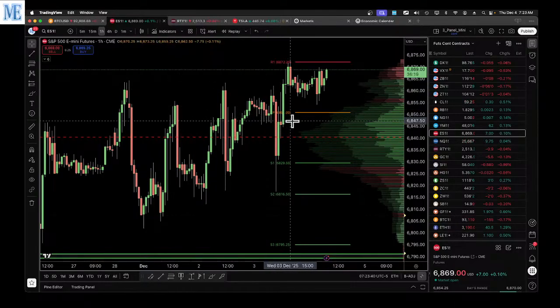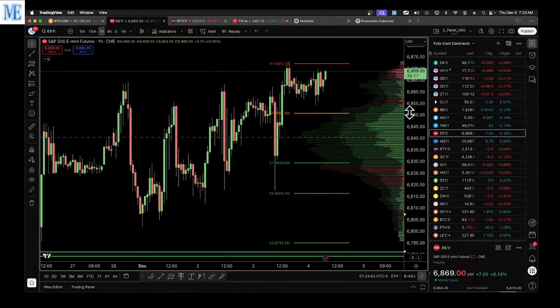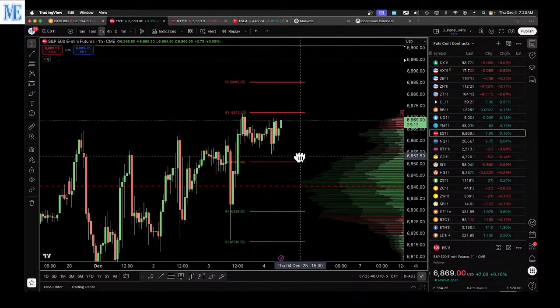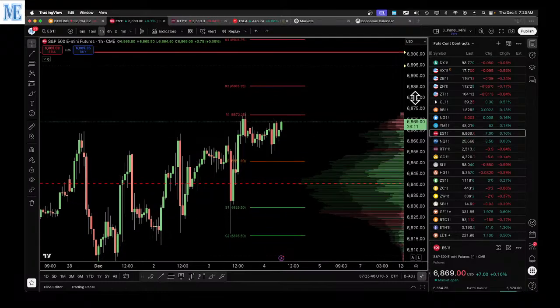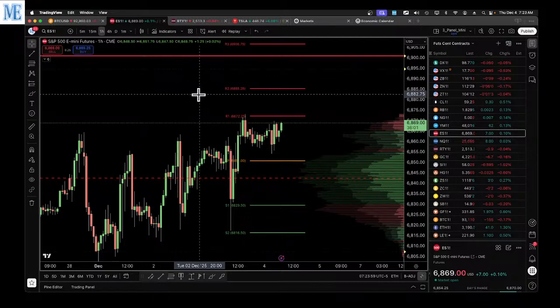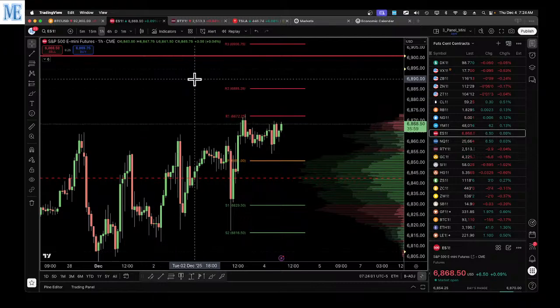You don't want the time frames to be too short. You want a little bit longer time frame when you're looking at pivots. We still have a couple of things marked out. Yesterday's little bit of a blip up took out a lot of our upward targets that we had.